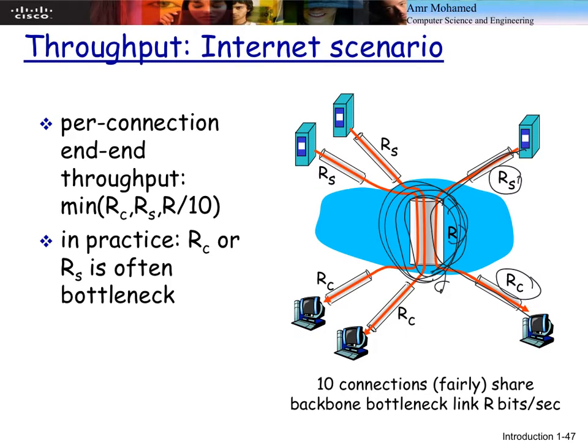If this link offers a collective or aggregate data rate of R, then the average rate given to each session is R over 10, if it's divided equally, by the way. If it's used fairly, that's what I mean by used fairly.